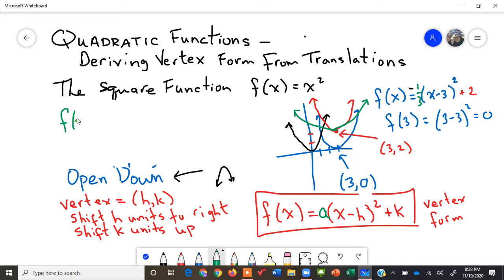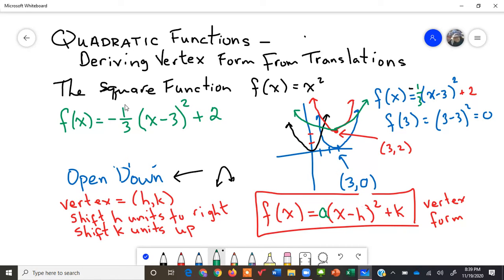f of x equals negative, because it opens down, 1/3, because it's 3 times as wide, or it is increasing 3 times more slowly as a square function, times the quantity x minus 3, because it was shifted 3 units to the right, and that quantity is squared, plus 2, because it was shifted up 2 units.